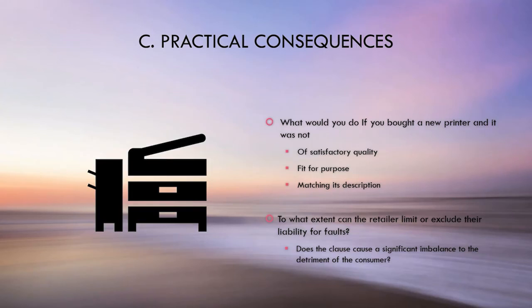Examples of the types of terms where an unfair imbalance is likely to arise include those that have the effect of restricting or excluding the customer's normal legal rights to seek damages where the trader is at fault, constraining the consumer from seeking the legal remedies to which their rights give rise, for instance, compelling the consumer to take a dispute to arbitration, and imposing on the consumer additional obligations or risks which are not envisaged by law or unreasonably go beyond anything needed to protect the legitimate interests of the trader, for instance, imposing excessive financial sanctions on the consumer for breaching the contract.